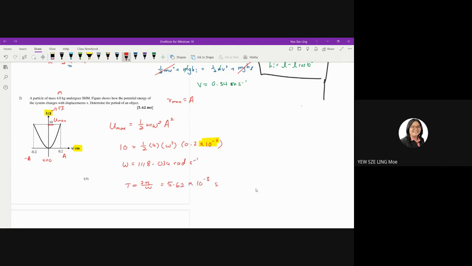Okay, millisecond. That's why in the answer, it gives you in terms of ms, because of times 10 to the power of negative 3. So that is how you determine the period. Very simple. From the question, you determine omega, because omega and period are one big family. So once you have omega, you can then proceed to determine the period.